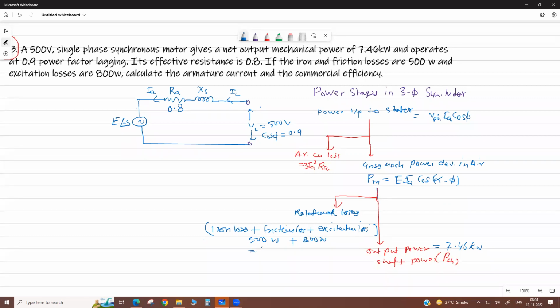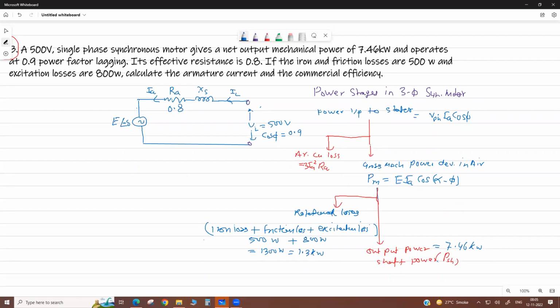So we calculate 500 plus 800, 1300 watt, which is 1.3 kilowatt.